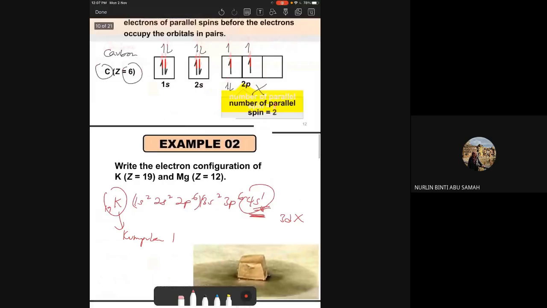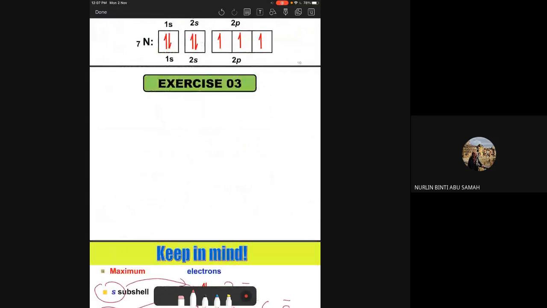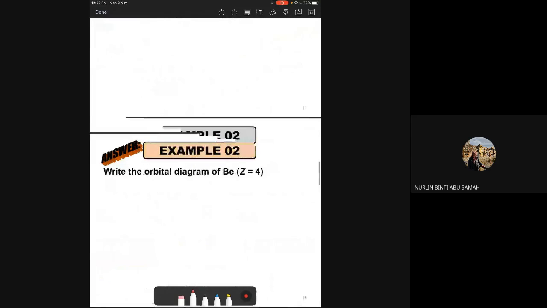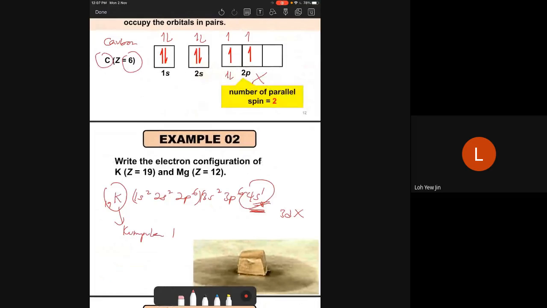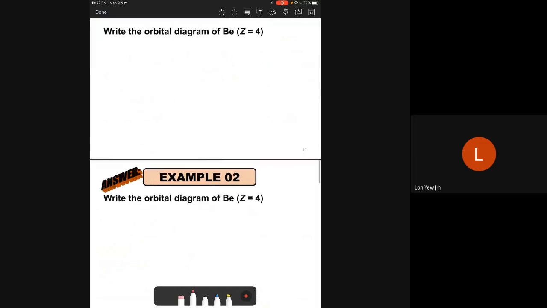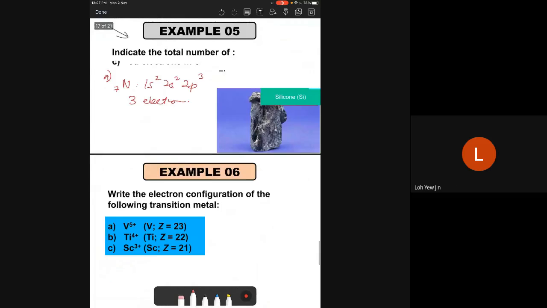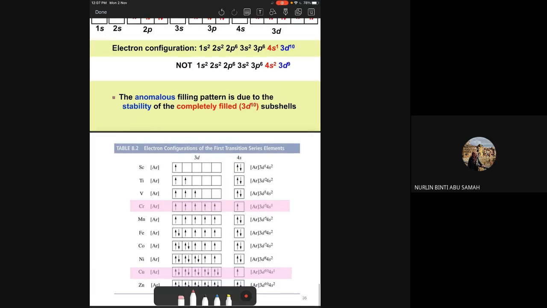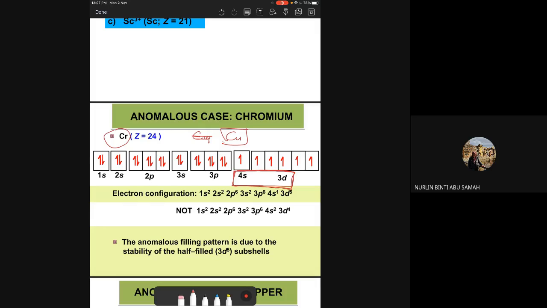Awak exercise mana ni? 3. 2.3. 2.3. Ni 2.3 lah ni. Kan yo. Oh ya. Tak ada kat dalam slide ni. Ada doktor di bawah lagi. Bawah lagi. Ni paling last. Soalan apa tu Tak apalah, awak tanya saya melalui WhatsApp boleh?